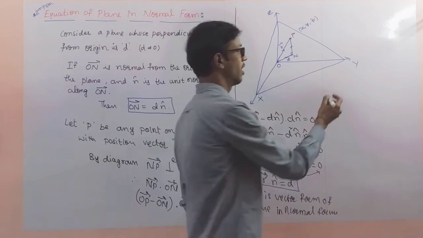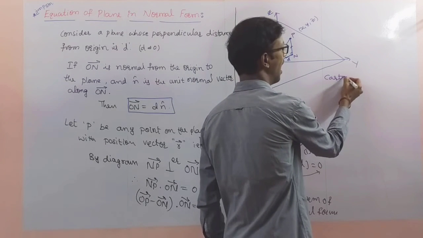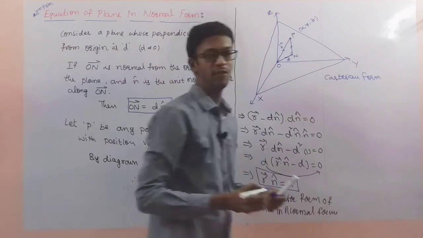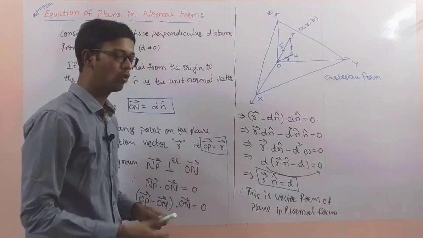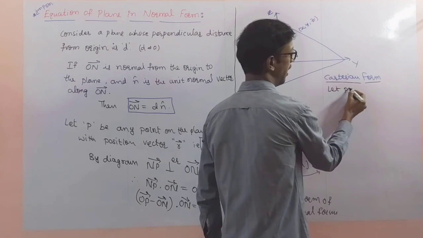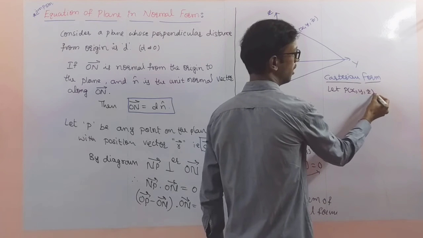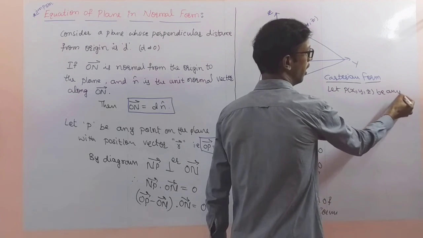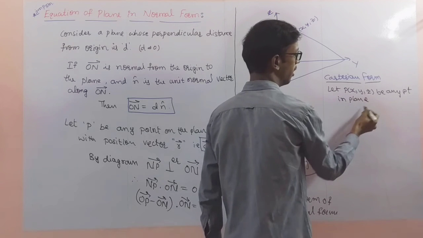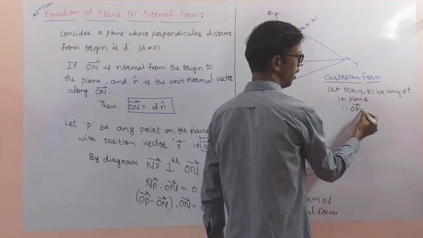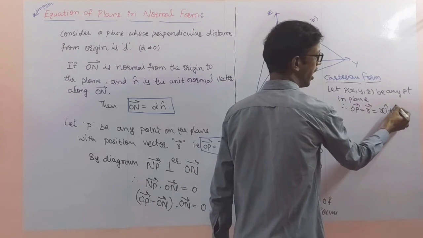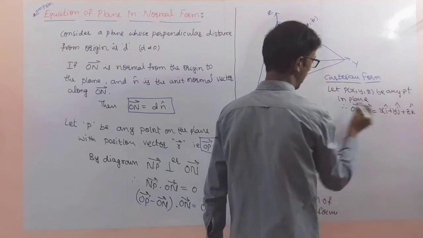Next, we discuss the Cartesian form. Here you just have to substitute the points. Let P of x, y, z be any point in the plane. Therefore, OP bar equals R bar equals x i cap plus y j cap plus z k cap.